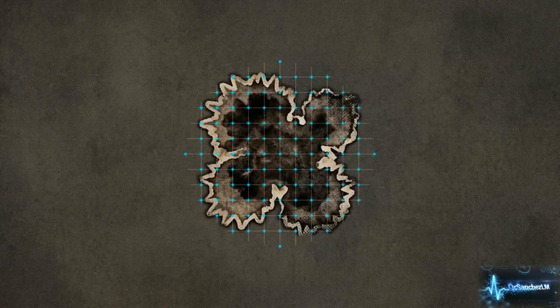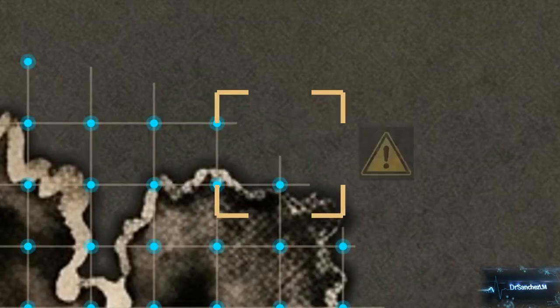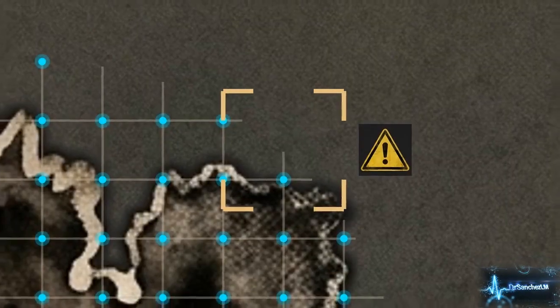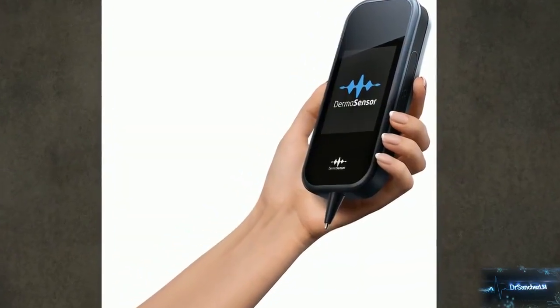They are asking if an algorithmic lens can accurately spot the microscopic geometric patterns that humans routinely miss. The most effective defense against the world's most common cancer may not require building more hospitals or waiting 3 months for an appointment. The solution may already be sitting in your pocket.